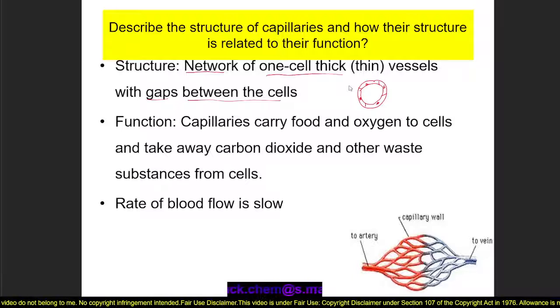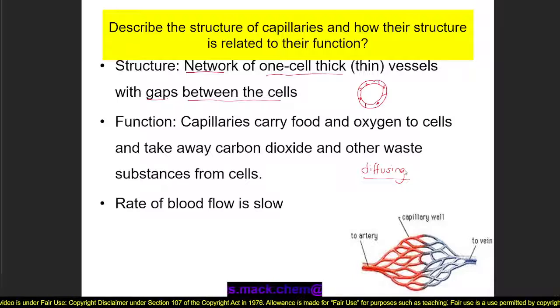We refer to this movement of food, oxygen, carbon dioxide, and waste materials as diffusing. I'm mentioning the term, it's not necessary that you learn it off, but this movement is described as diffusion.